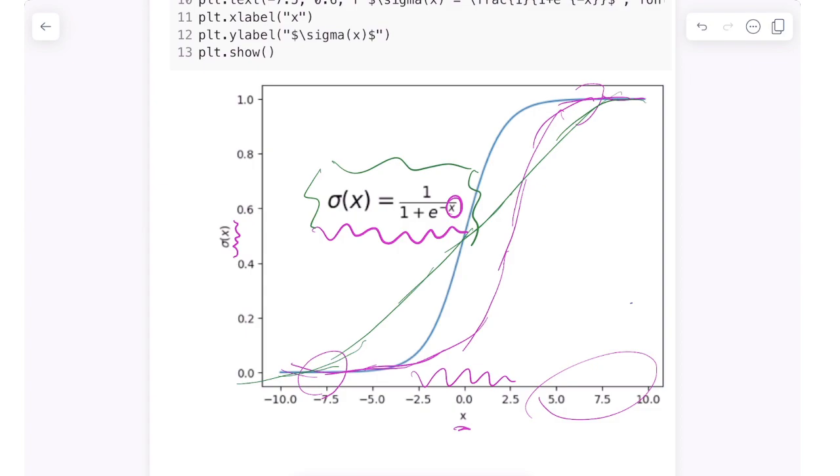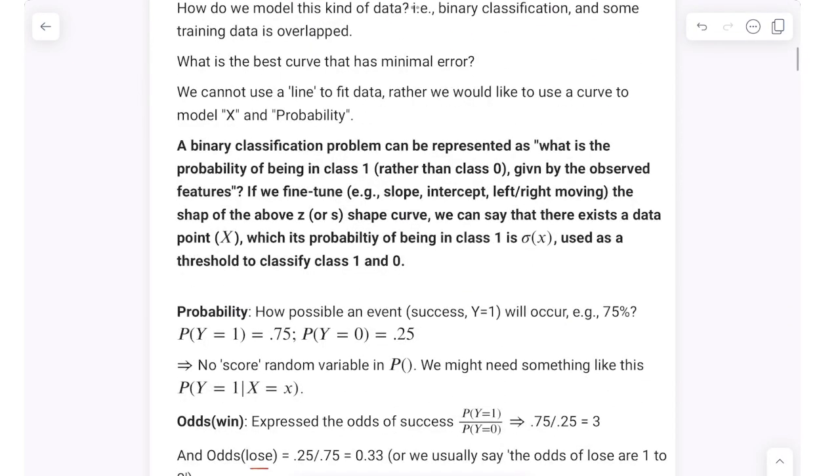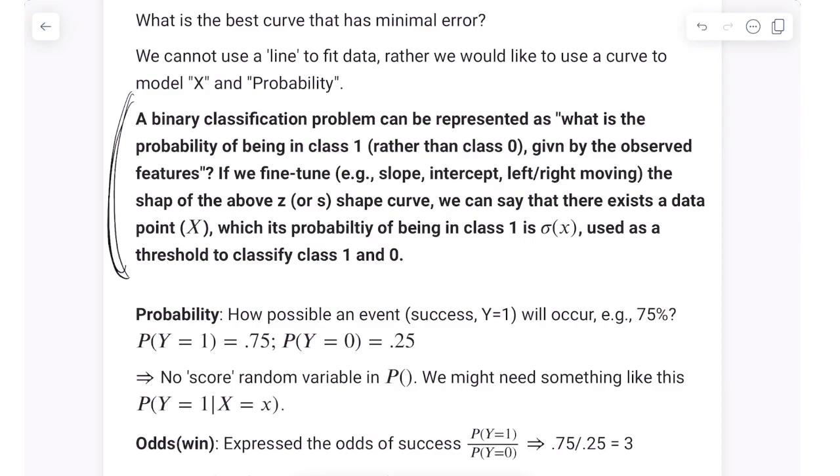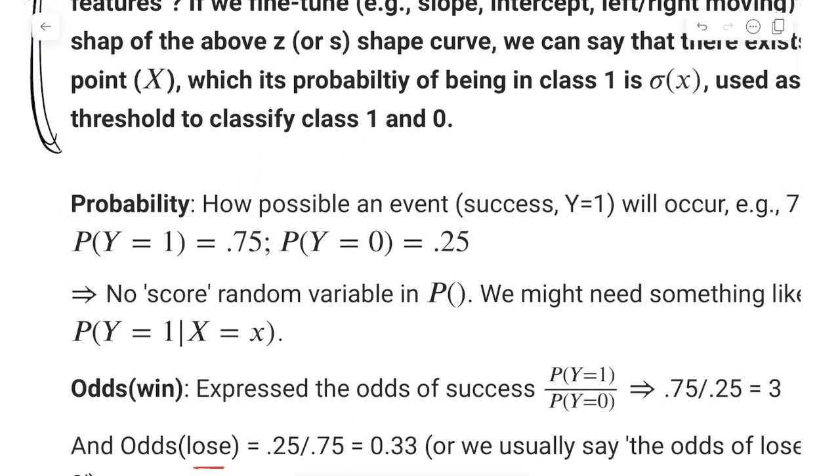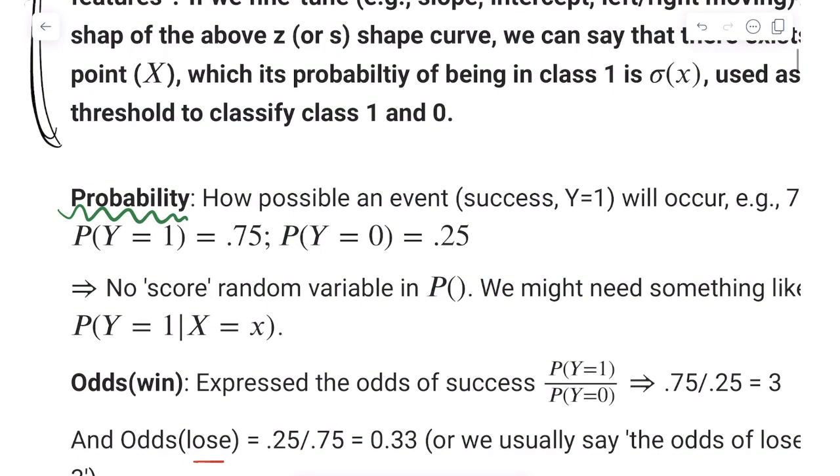Before we continue, we'd like to introduce two concepts. The first one is about probability. The probability of a win is very different, by definition, from the odds of a win.